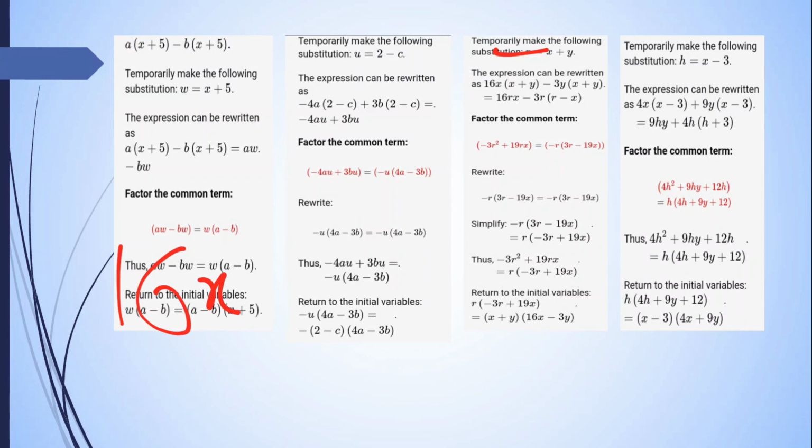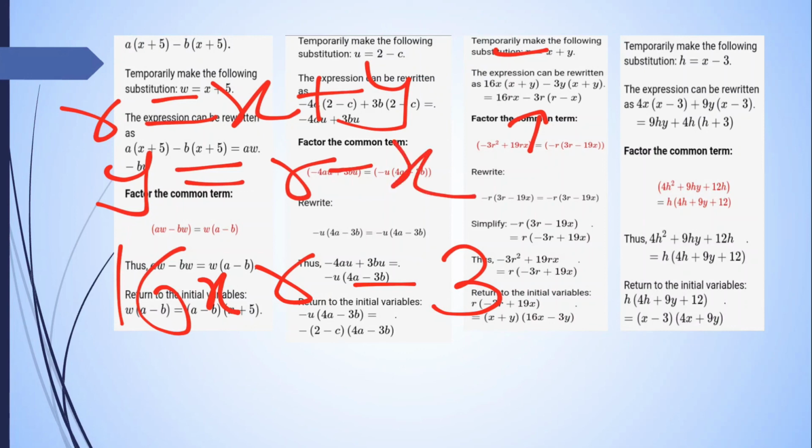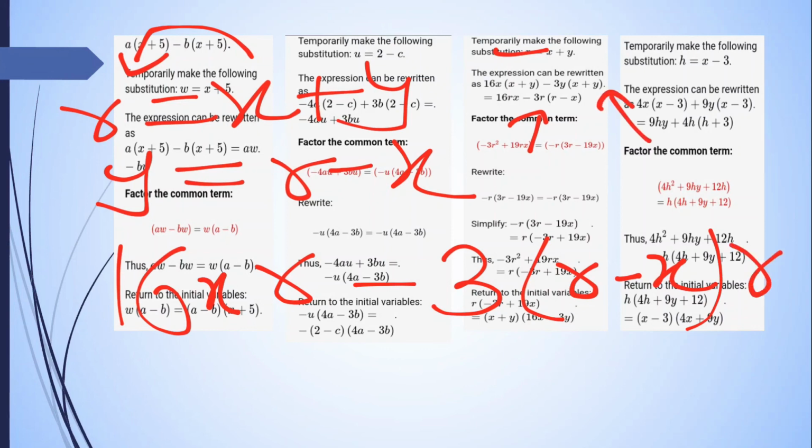In place of x plus y we will write r, and now 3. Now here y is given, and r equals to x plus y, so y equals to r minus x. When we transfer x to the LHS, we get r minus x, which is the value of y. So in place of y we can write r minus x, and in place of x plus y we will write r.